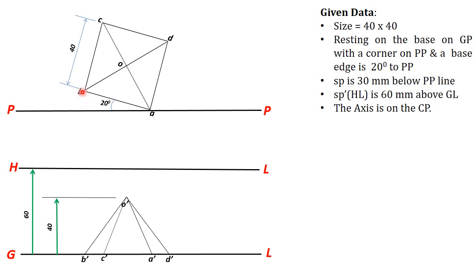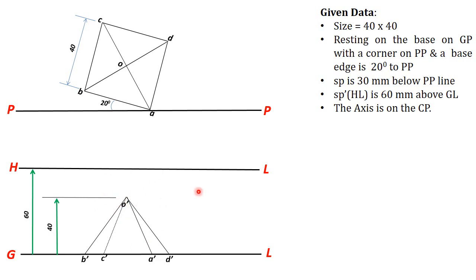B, A and D are visible in front view direction, but C is invisible because BA is right in front of C. So in front view, the corresponding front view of the CO edge will be a dotted line. Then the height of the pyramid is 40 mm, so complete the front view.